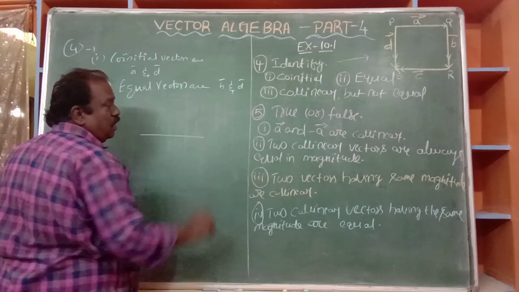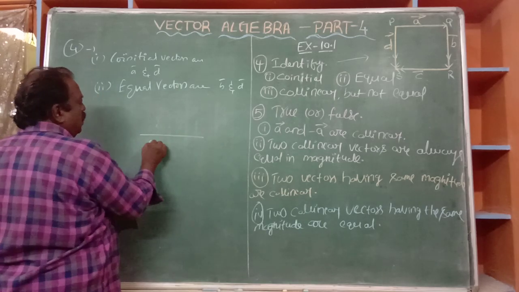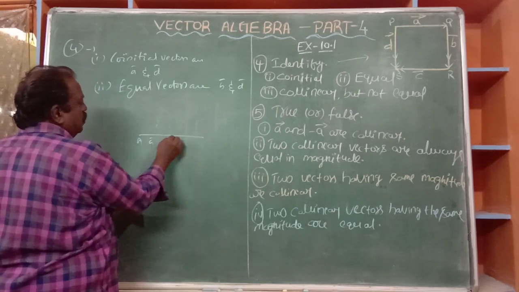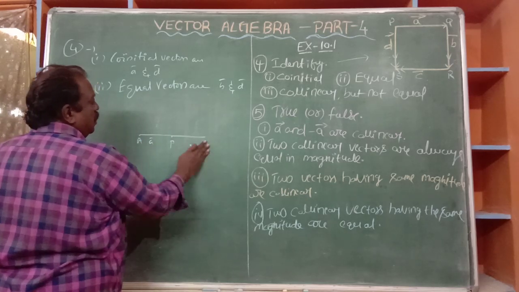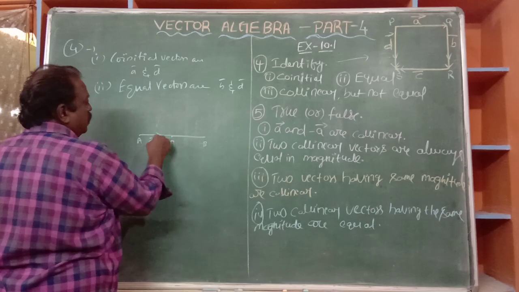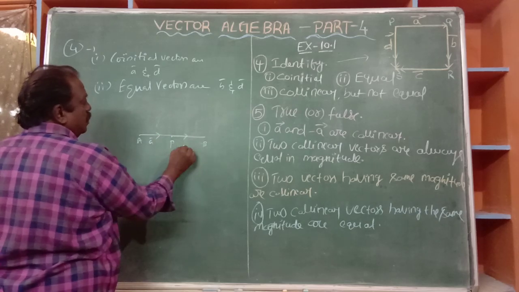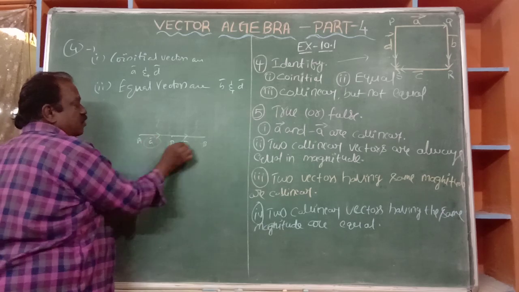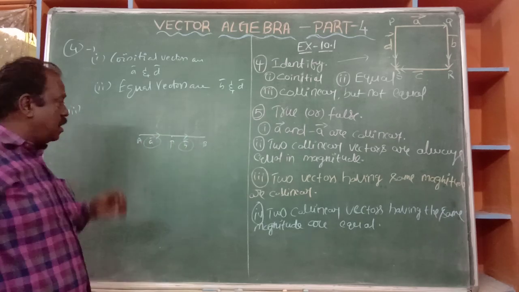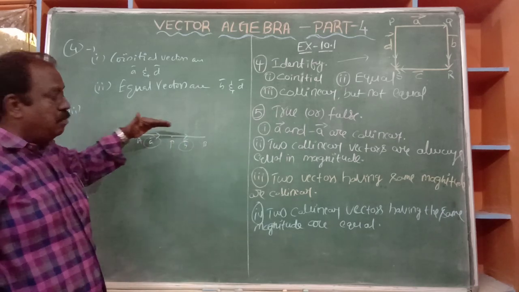I taught you already. For collinear vectors, suppose AP bar, BP bar or PB bar, and A bar and B bar with single letters, A bar and B bar are lying on the same line.